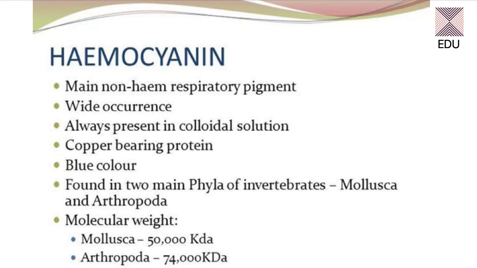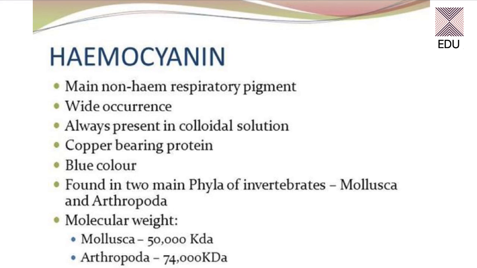Next is the hemocyanin. This is the third pigment that we are taking up in this particular video. Hemocyanin is the main non-heme respiratory pigment. Non-heme means that it does not have iron as a moiety.